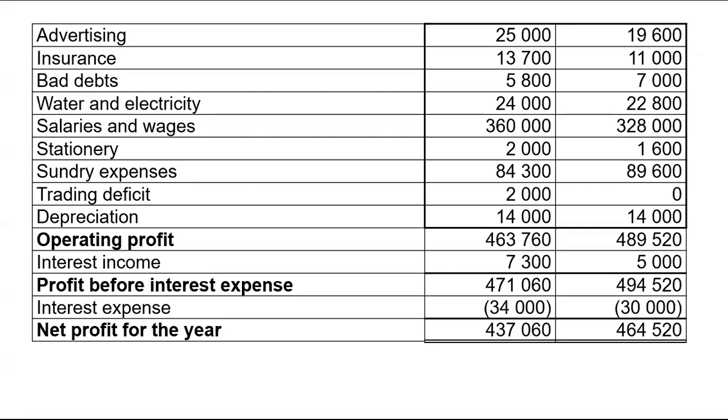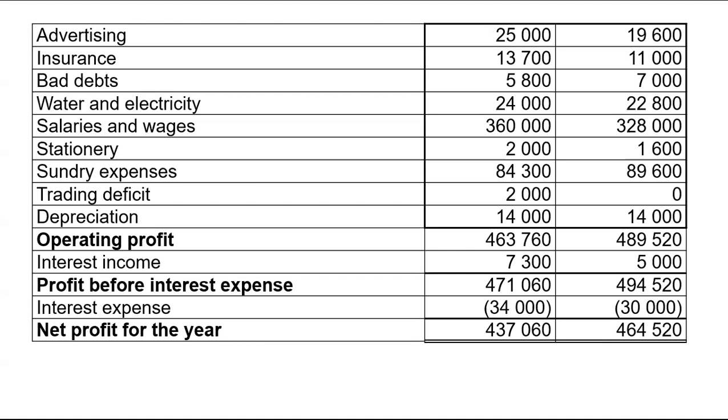In the next one, we are required to calculate net profit on sales. Okay, net profit on sales. We will simply have to take our net profit for the current year, which is 437,060. You divide it by sales for 2023, and sales for 2023 were 1,828,000.